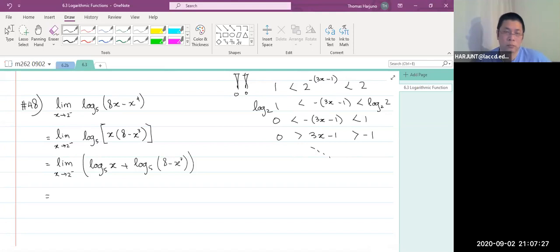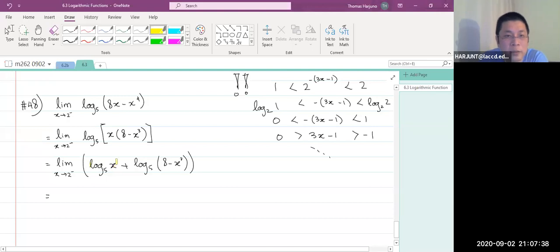Now the thing is that I can distribute the limit, because the limit here exists, right? The limit there exists.